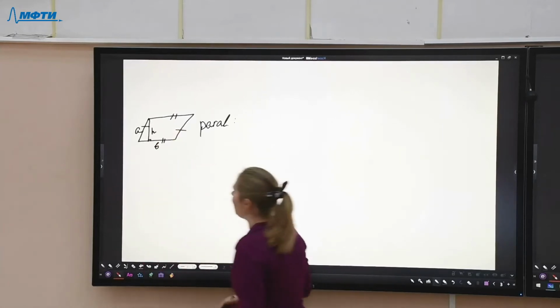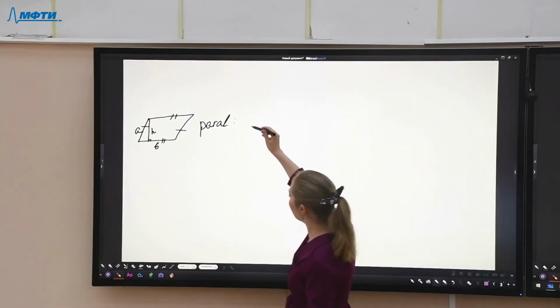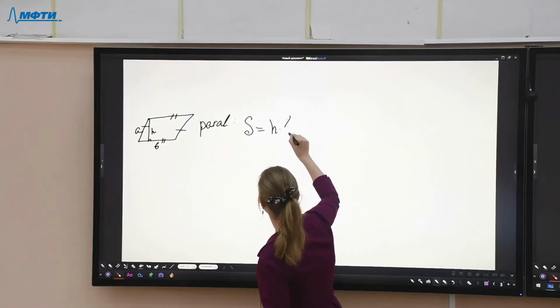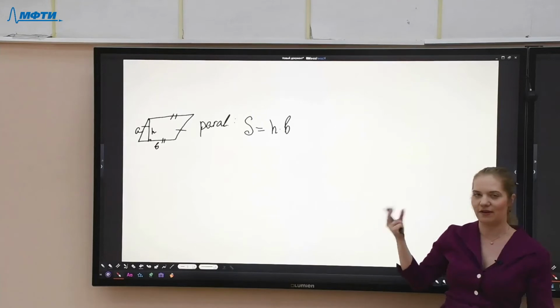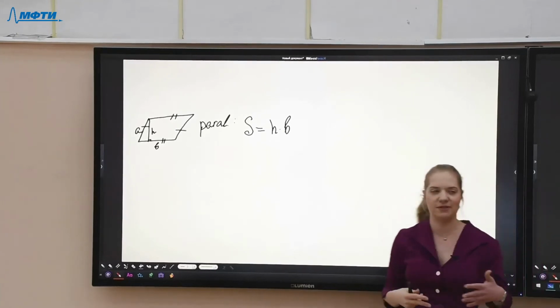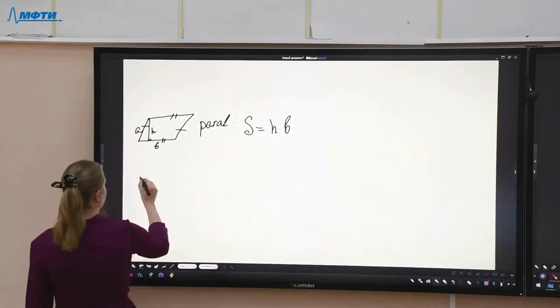So we can say that this is an altitude of this parallelogram, and the area of a parallelogram is H times B. So the length of this perpendicular, the length of this altitude times the length of the corresponding side of the parallelogram.